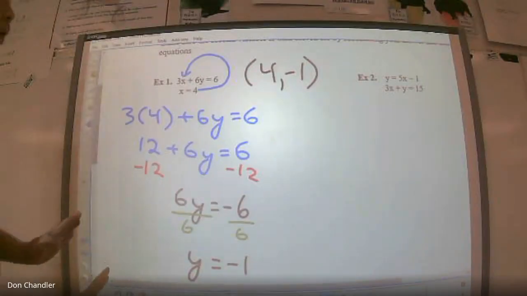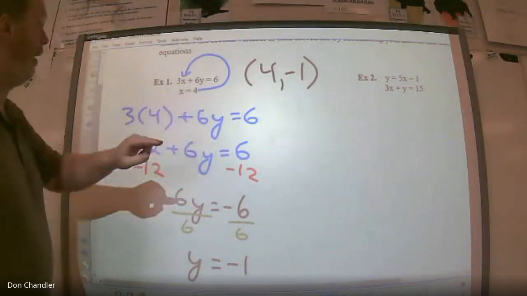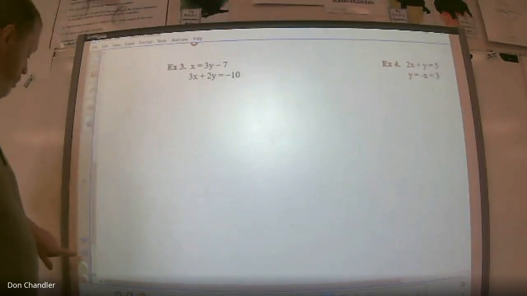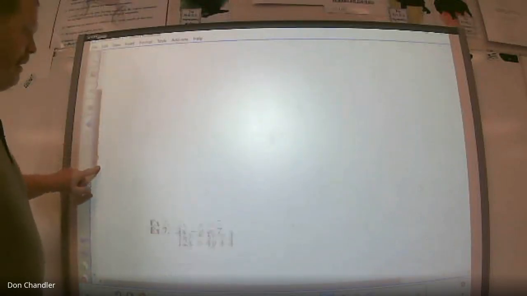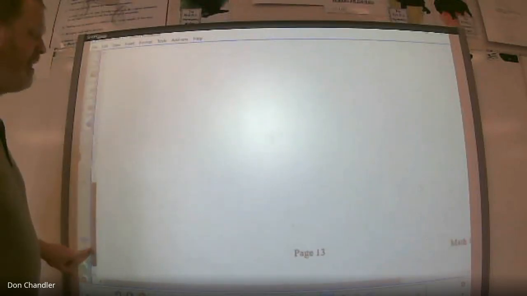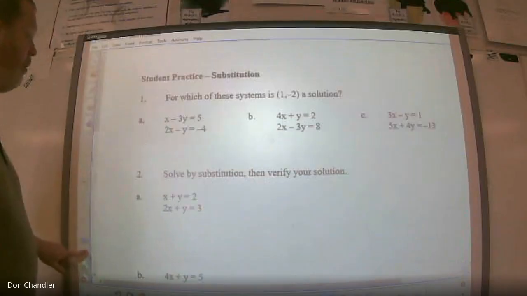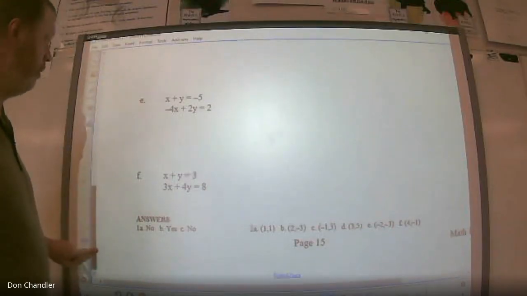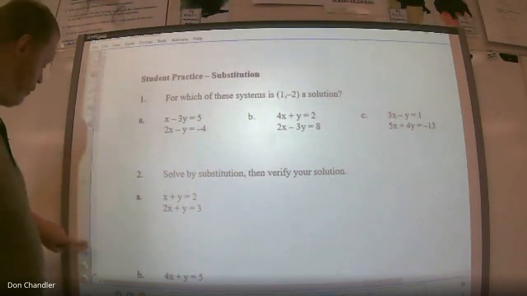Now, you will notice I've got examples 1, 2, 3, 4, 5, 6, 7. I got 7 of these, and then your assignment is actually going to be on page 15. So don't think that this was a one-off.